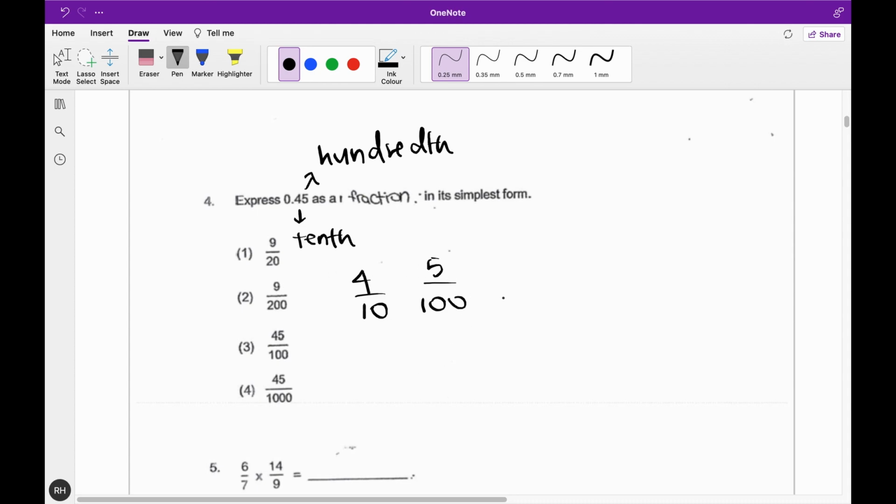Together this is 45 out of 100. And then we'll simplify it. We can divide by 5 for both numerator and denominator. We have 9 out of 20. So the answer is option 1, 9 out of 20.